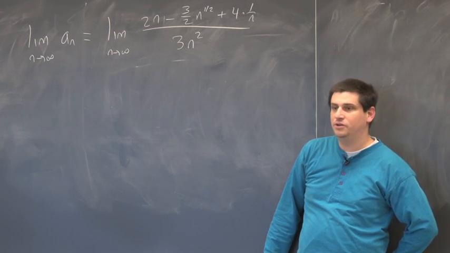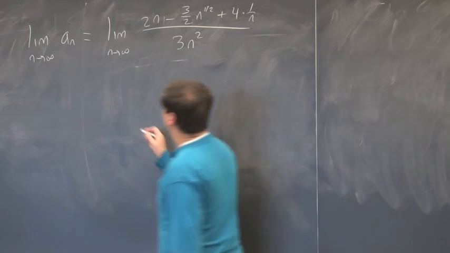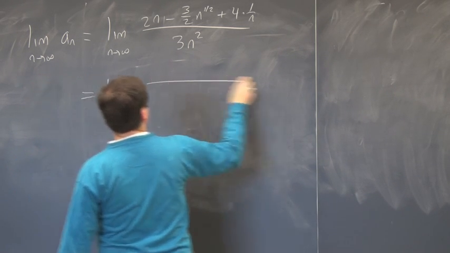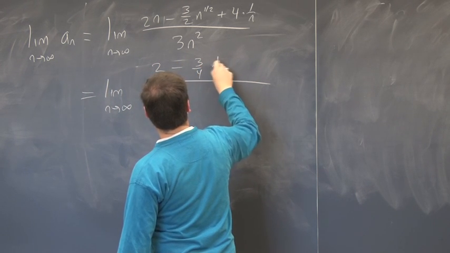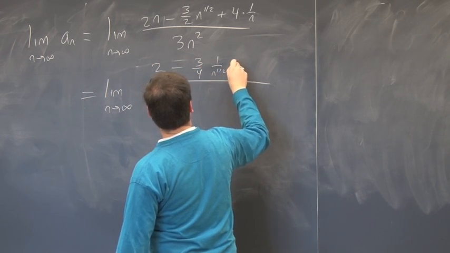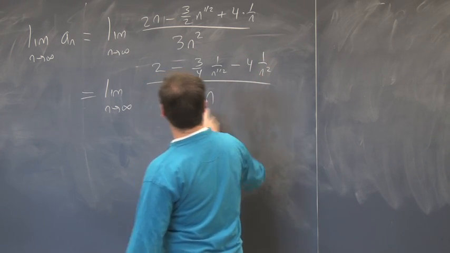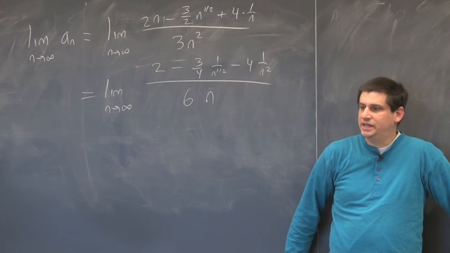Infinity. What does the denominator look like? So what should we do? L'Hopital again. So we apply L'Hopital again. Now we'll get 2 minus 3/4 times 1 over n to the half minus 4 times 1 over n squared. Now as n goes to infinity, what does the numerator look like now?